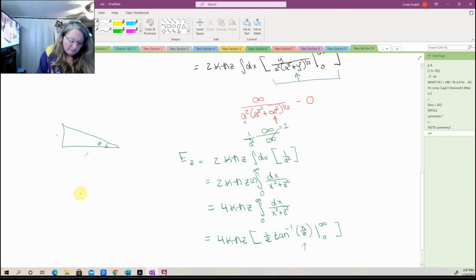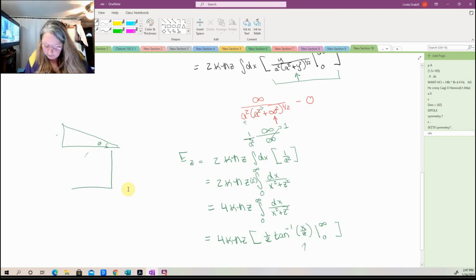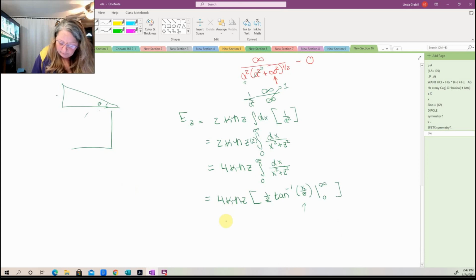If theta equals infinity, another way of thinking about that is I'm opening this thing up as big as I can get it. Then I am at 90 degrees, so this expression will evaluate to pi over 2. So I'll get 4k eta z times 1 over z times pi over 2, then minus 0.